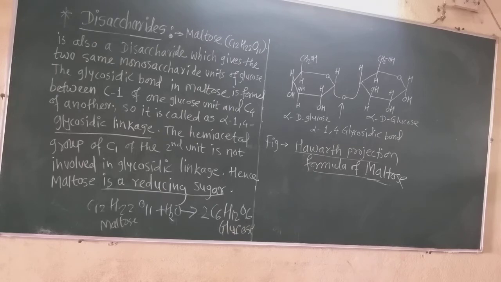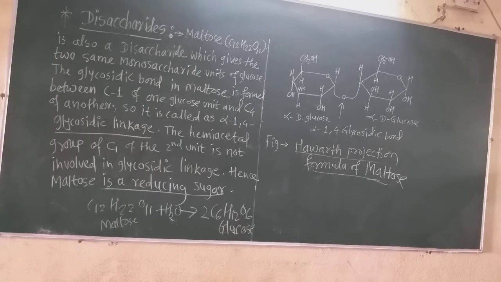The linkage in lactose is called the beta-1,4 glycosidic linkage. Now see, in maltose it is called the alpha-1,4 glycosidic linkage, but in lactose it is called the beta-1,4 glycosidic linkage, because galactose is the beta anomer. So it is the beta-1,4 glycosidic linkage.